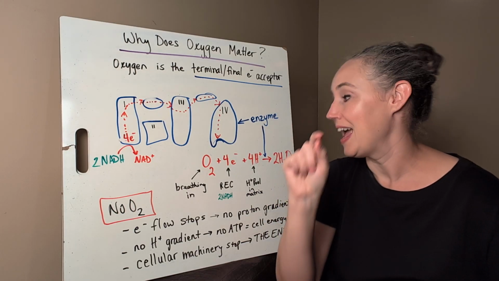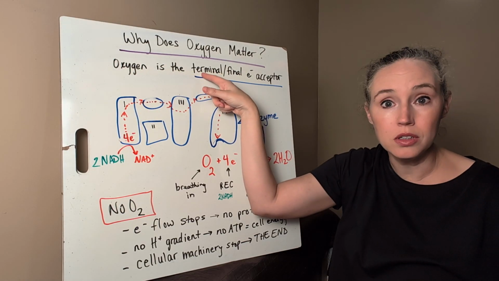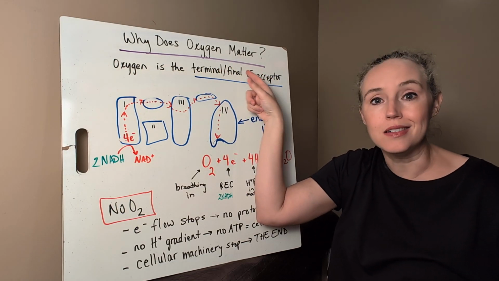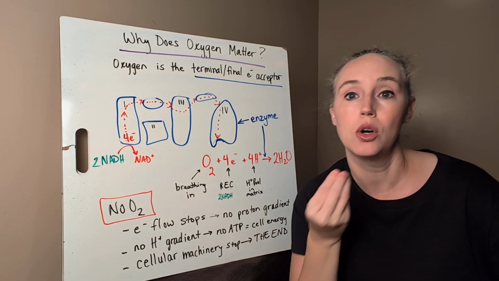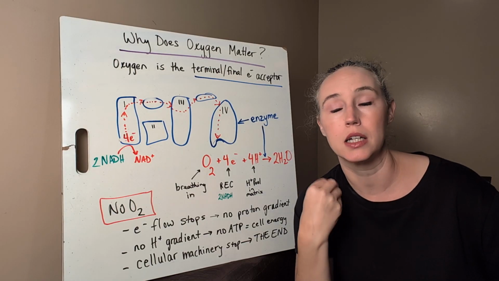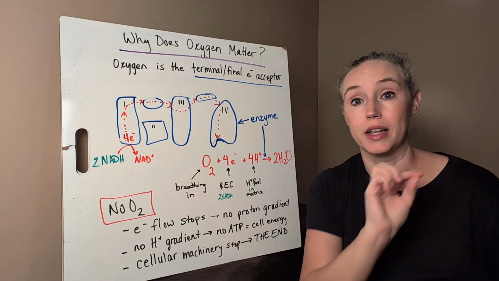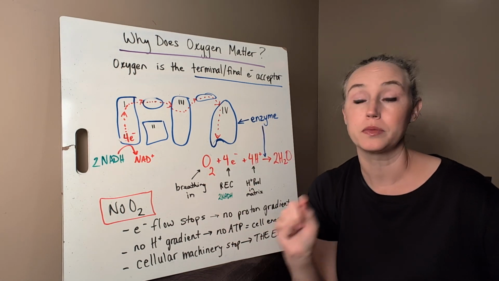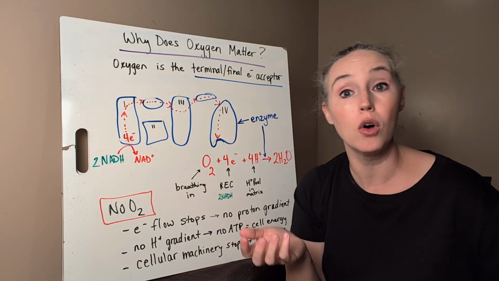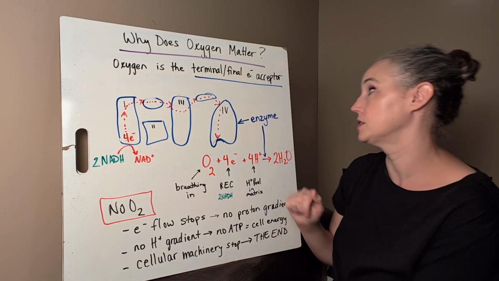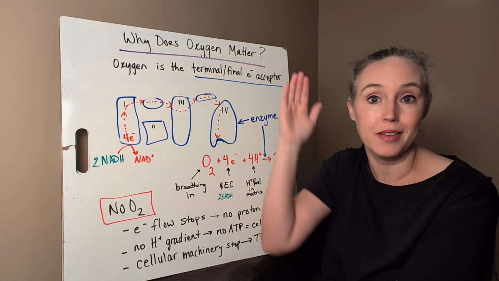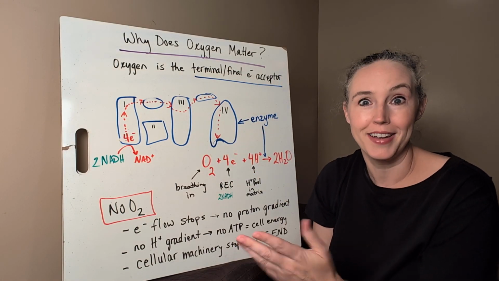Oxygen fits in as the terminal, or final, electron acceptor. In an AP biology exam, you will see the word terminal, like terminal electron acceptor, but in a textbook you may also see final electron acceptor. They mean the same: it's the one at the end.